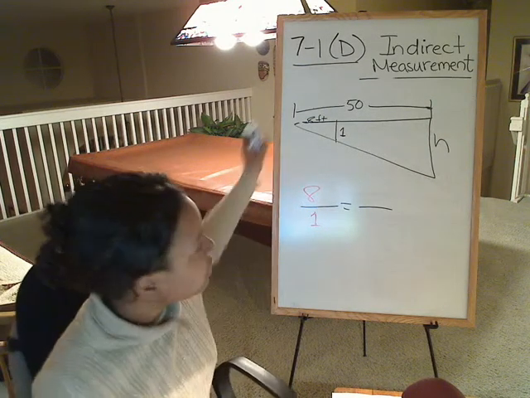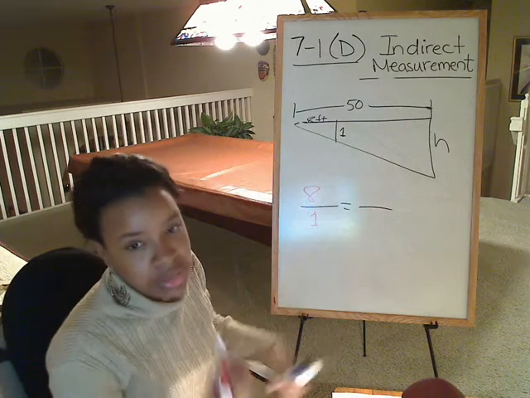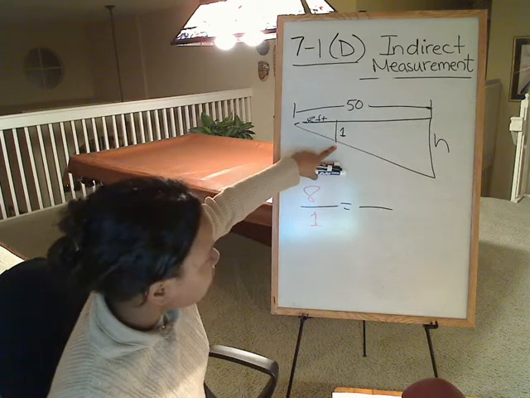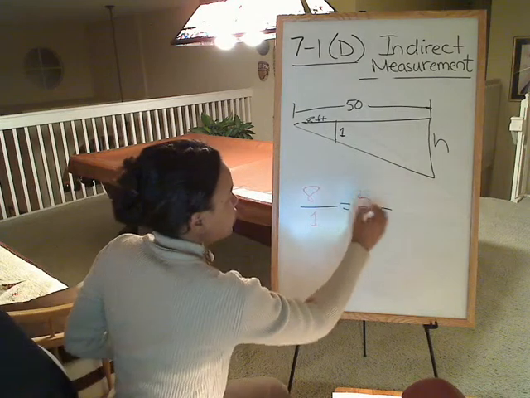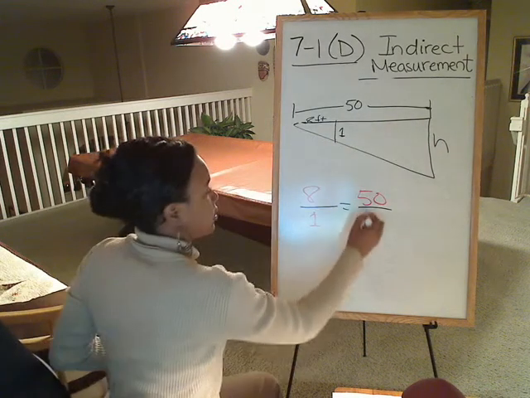Now, when I go to the big triangle, I have to do the distance, then the height again. I can't switch it up and do the height first. So now I'm going to do distance with the big triangle, which is 50, and the height for the big triangle, which is h.